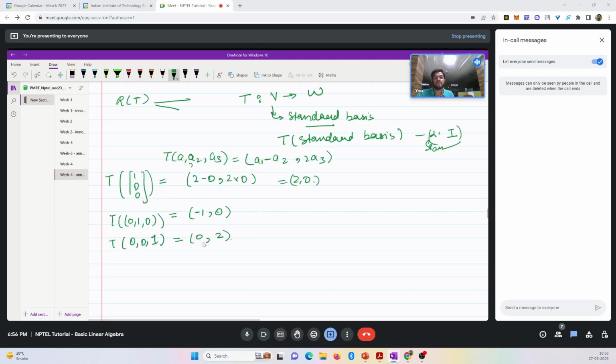Okay. So once you have obtained the values of T of e1, e2, e3, you will look at the linearly independent vectors in the range space.